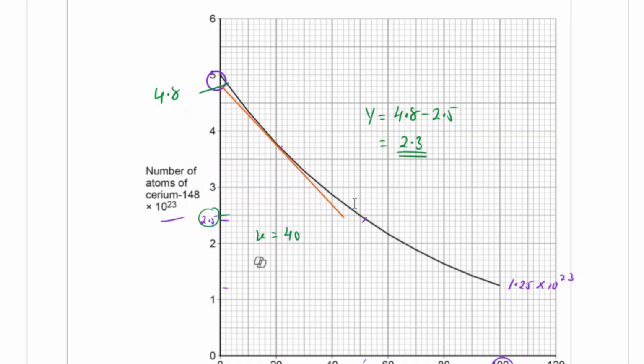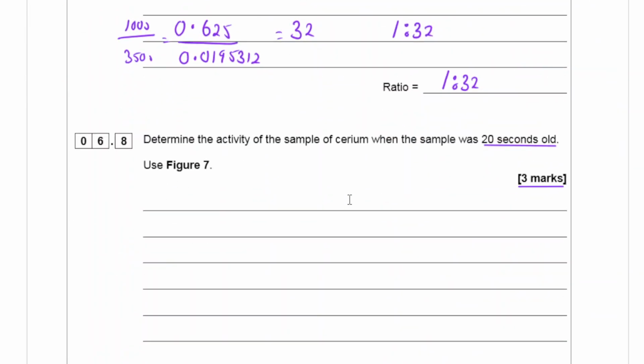So 2.3 divided by 40 is 0.0575 times 10 to the power 23.